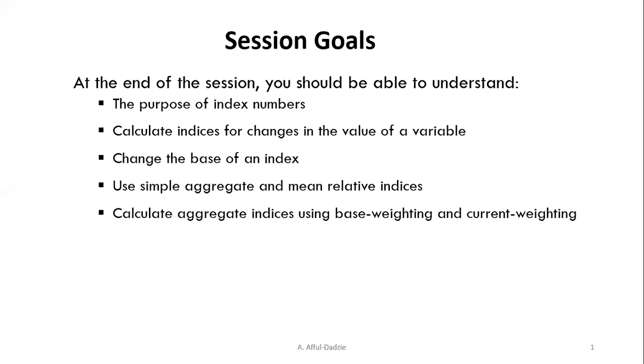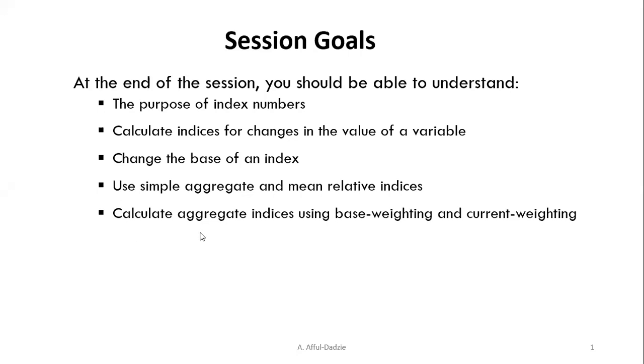So oftentimes in economics, we have a way of trying to represent information in a more meaningful and easier manner that would help the average person or the individual to actually understand certain things.